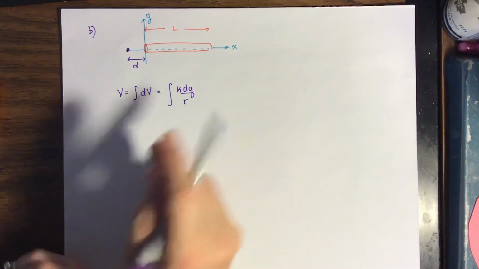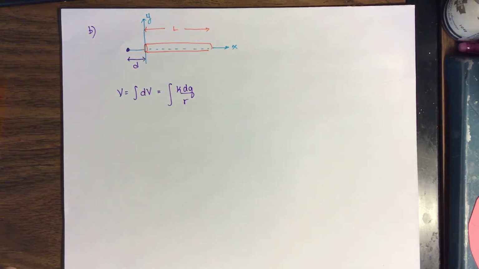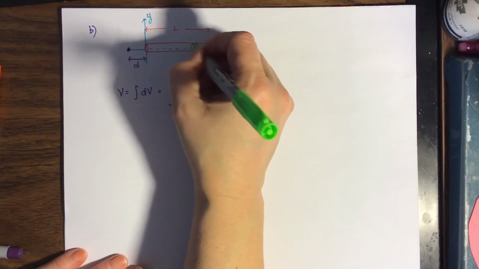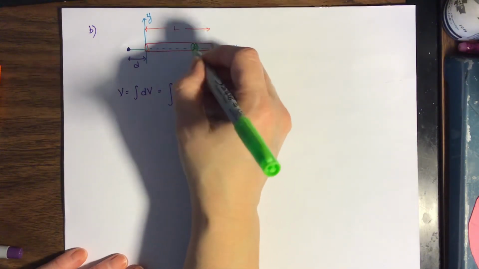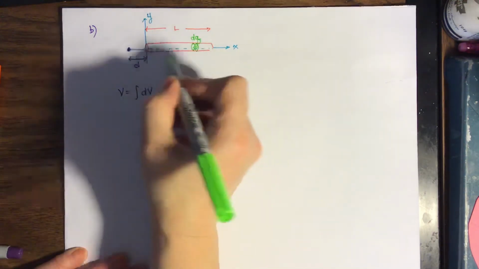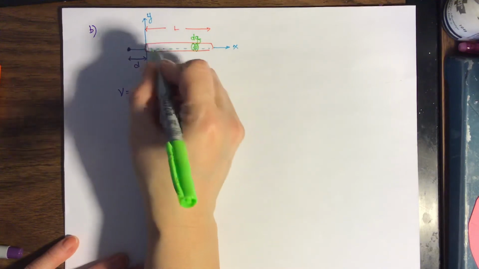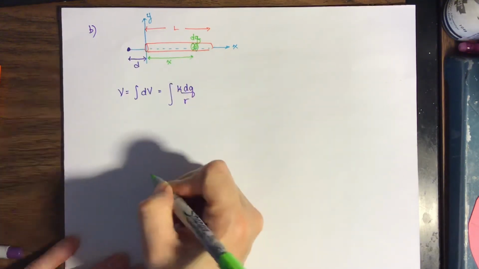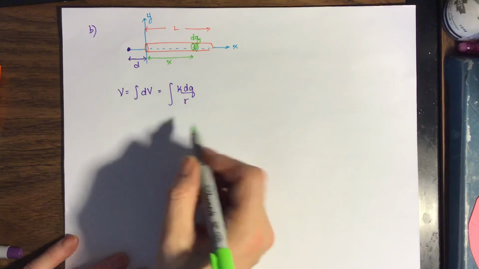Let's make sure we know what we mean by dq and R. dq is our charge element on our rod. We can identify one little bit of charge, dq. Let's label in our distance. dq is a distance x from the end of the rod. And what else?